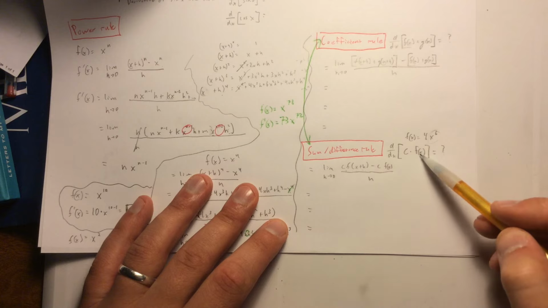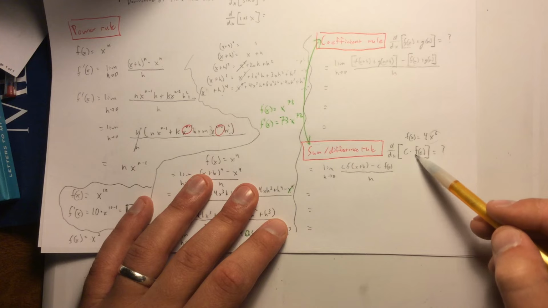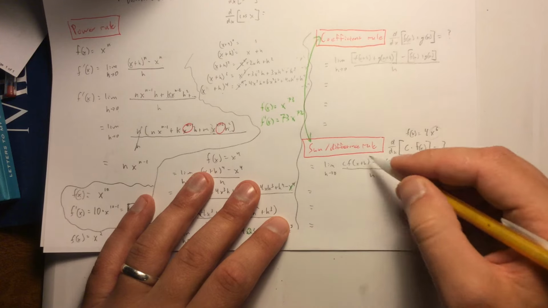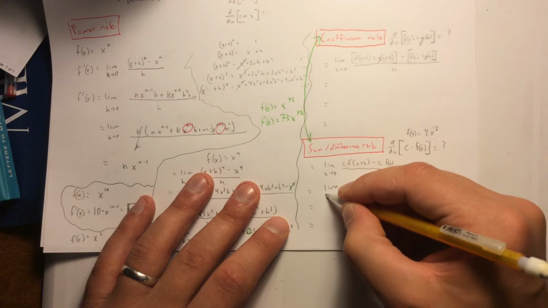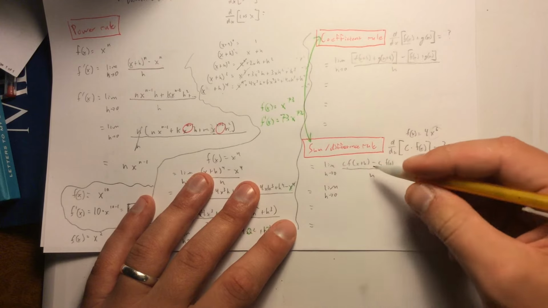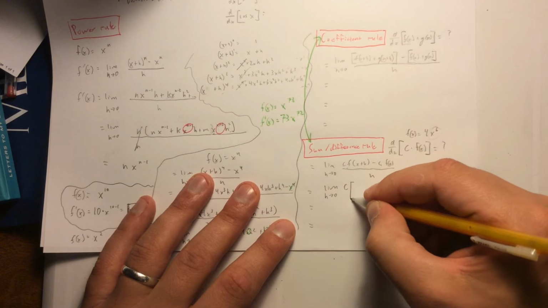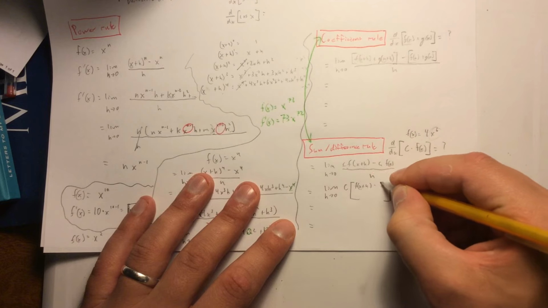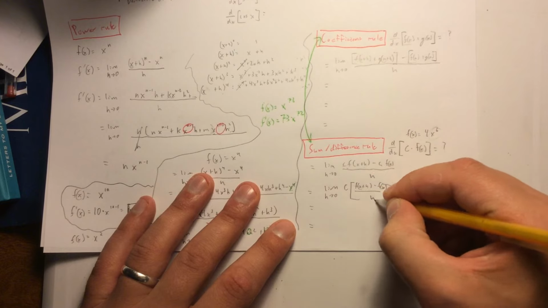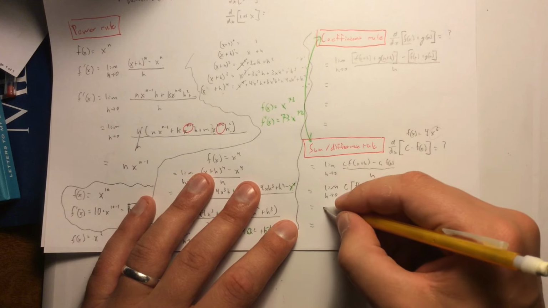f of x plus h, so I'm just plugging that in there, minus the constant times f of x, all over h. I can factor out the constant: f of x plus h minus f of x all over h. I can actually factor it out of the entire limit.